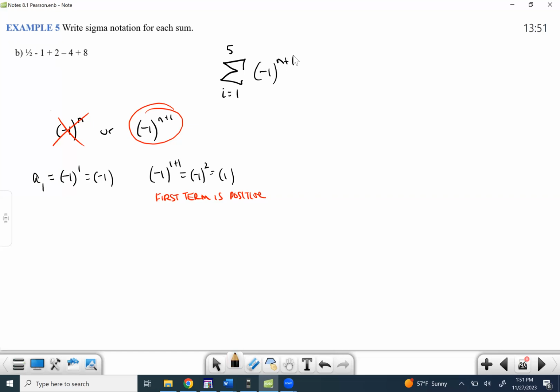Now, if we think about the sequence of numbers without the signs, well, what's happening each time is we're multiplying by 2. So we said that multiplication becomes an exponent. So 2 to the n, and I might need to fudge that also, okay? When I substitute in a 1, that gets me a number that's too big.